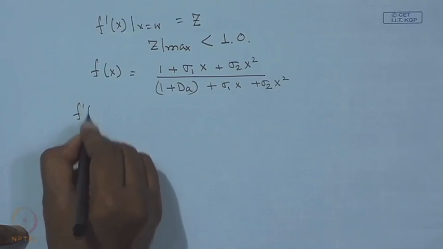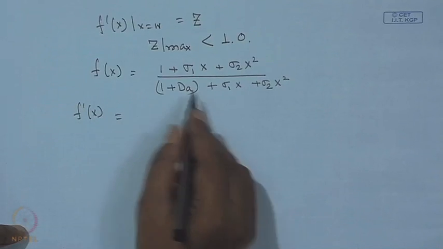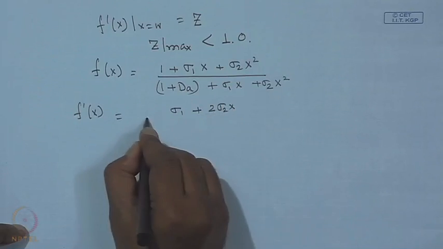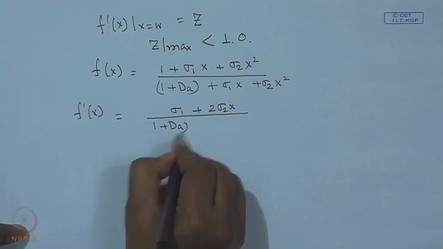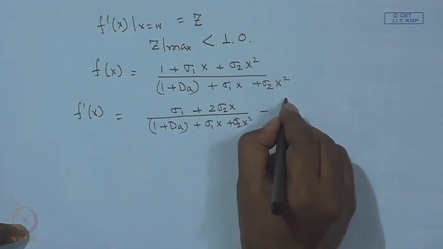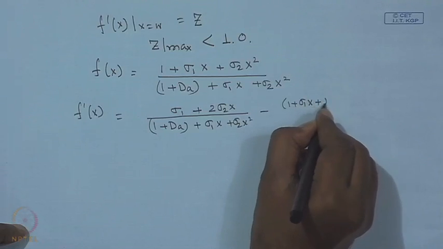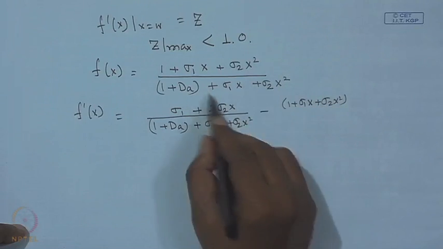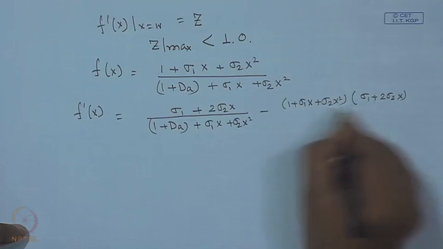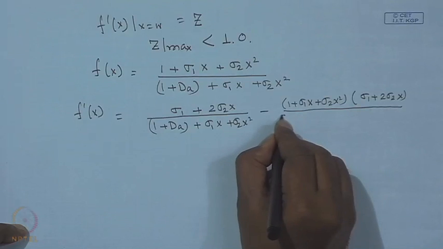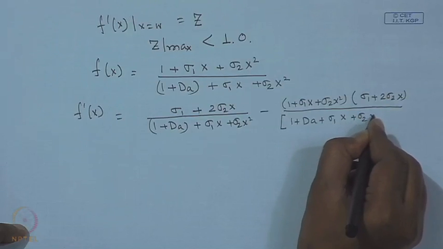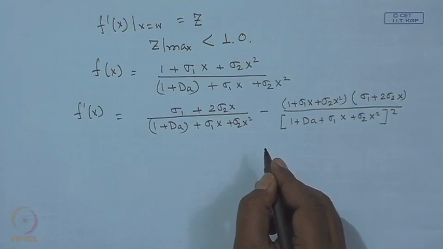So, f prime x is equal to, we just differentiate it exactly the same way we have done earlier, 2 sigma 2 x divided by 1 plus dA plus sigma 1 x plus sigma 2 x square minus 1 plus sigma 1 x plus sigma 2 x square constant. Then we differentiate this one. So, this will be sigma 1 plus 2 sigma 2 x divided by 1 plus dA plus sigma 1 x plus sigma 2 x square of that.